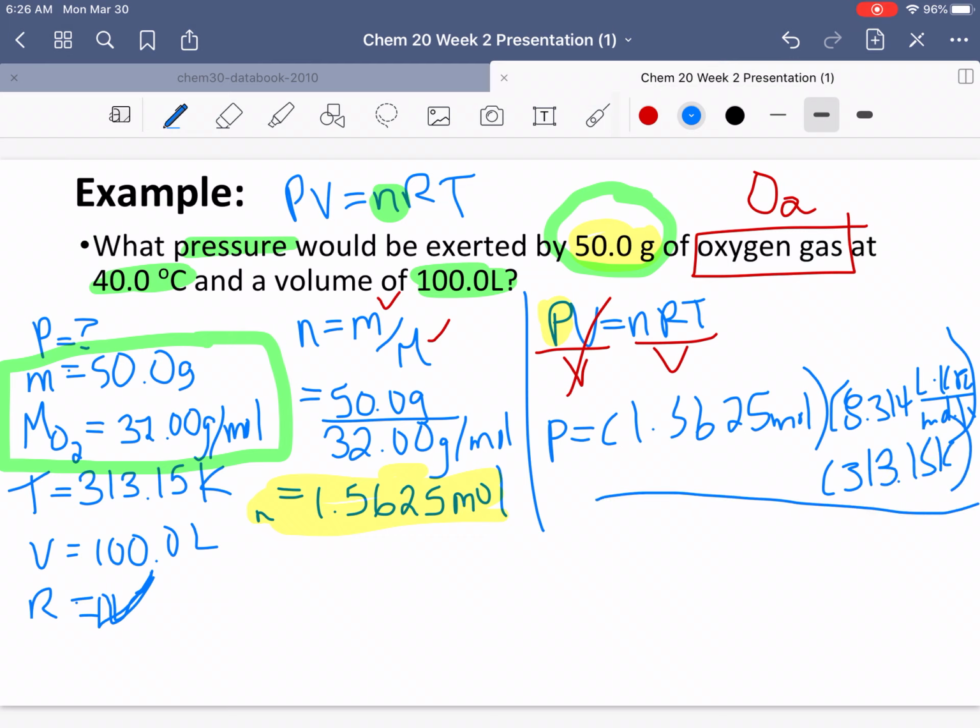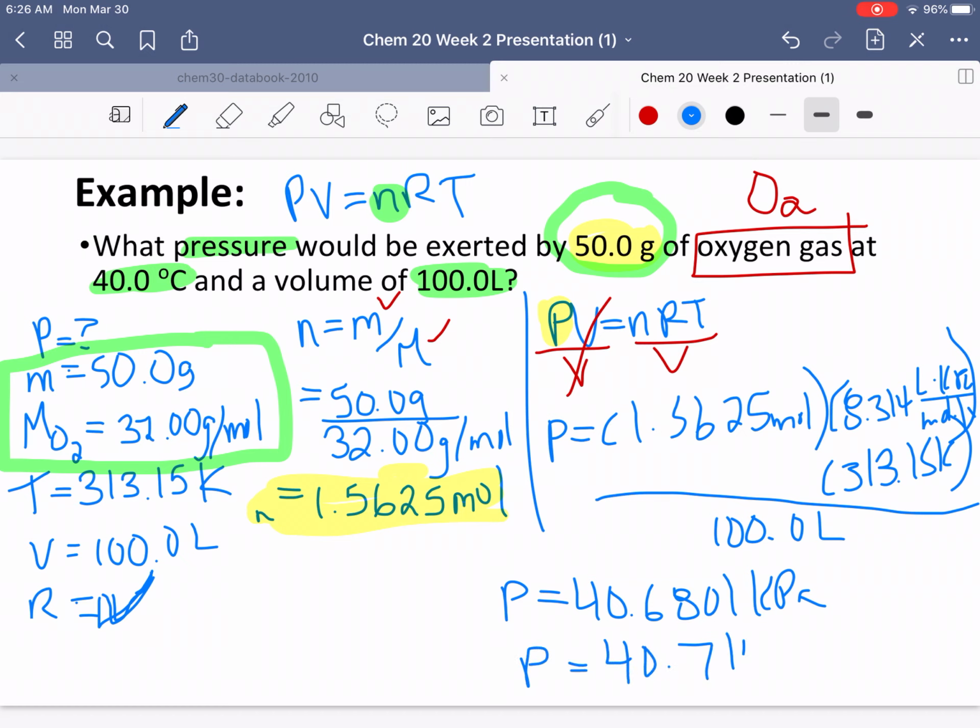That whole thing is going to be divided by the volume, 100.0 liters. Our pressure, once you number crunch all of that, 40.6801 kilopascals. And with our required 3 sig digs, 40.7 kilopascals.